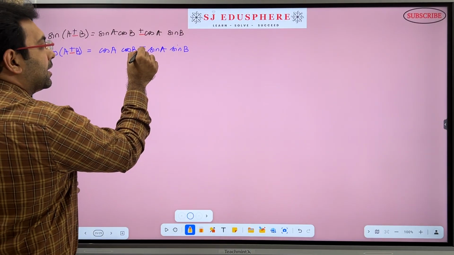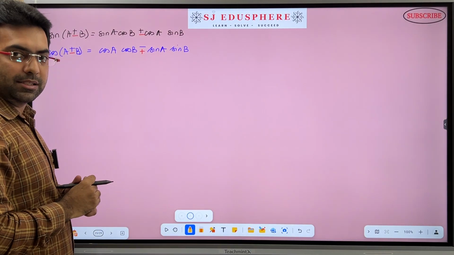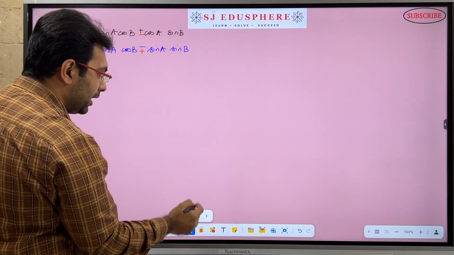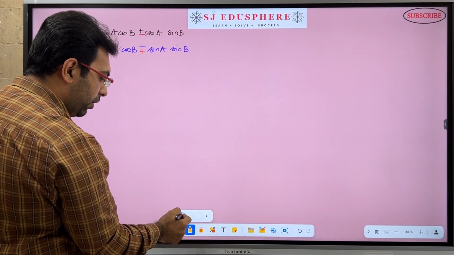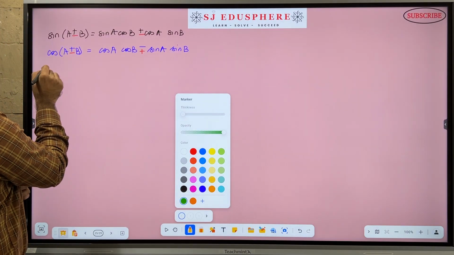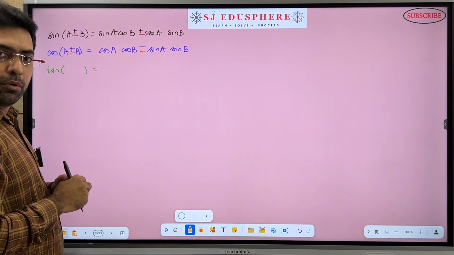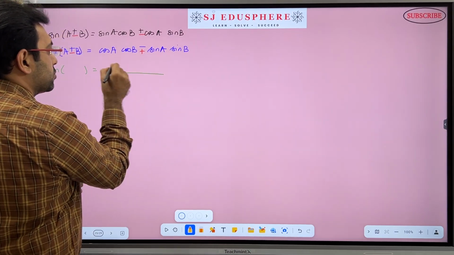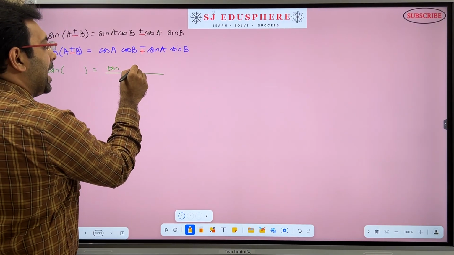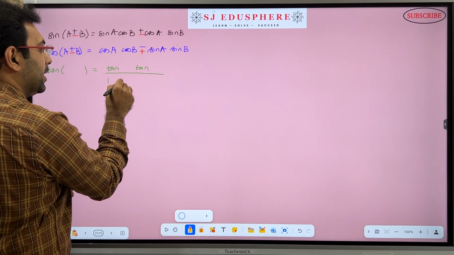If I give it a minus, it will give me plus. Similarly, I come for my formula for tan, and I say tan is numerator upon denominator. So tan is tan, 1, tan.